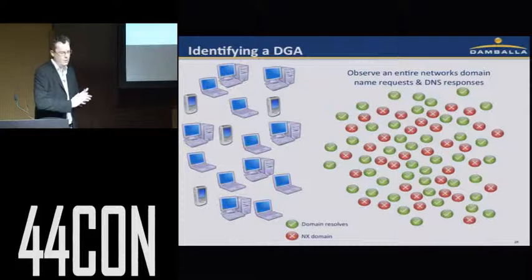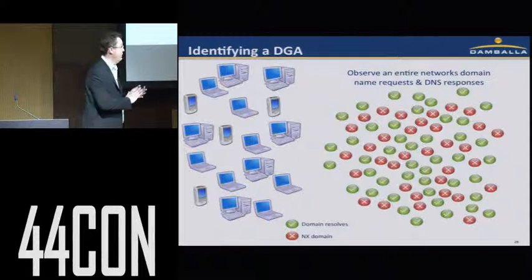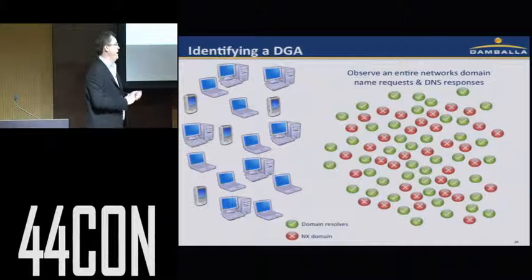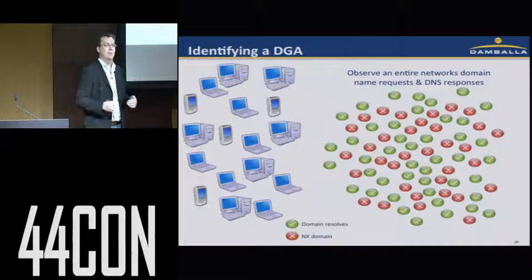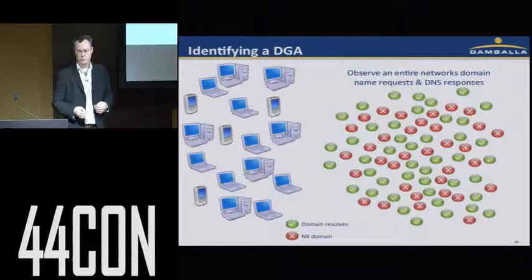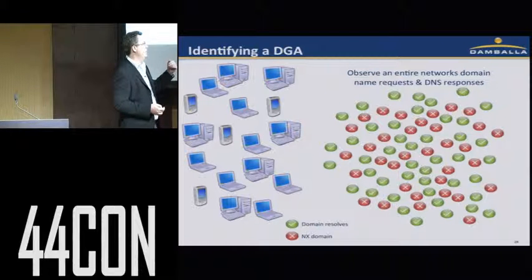One way of visualizing what's going on here: let's say I've got all these infected devices, and they're constantly doing DNS lookups. They're either being used interactively by humans, or there are other software elements making connections. From a DNS perspective, by monitoring the DNS, you're going to see all the correct domain resolution.